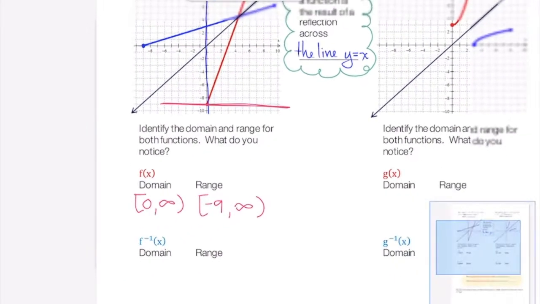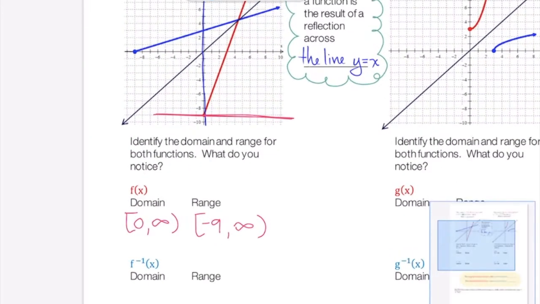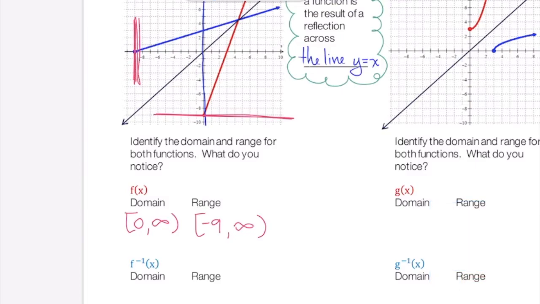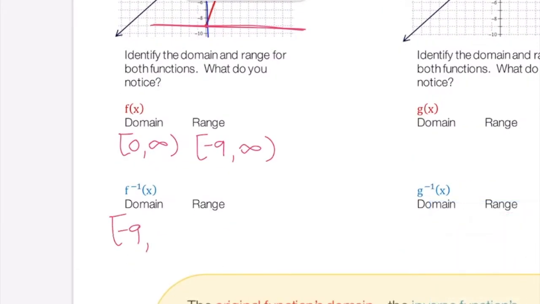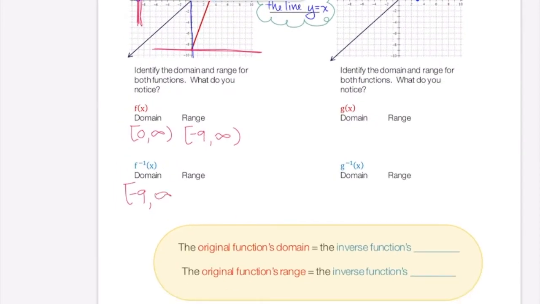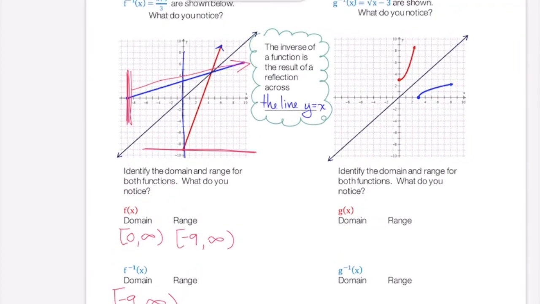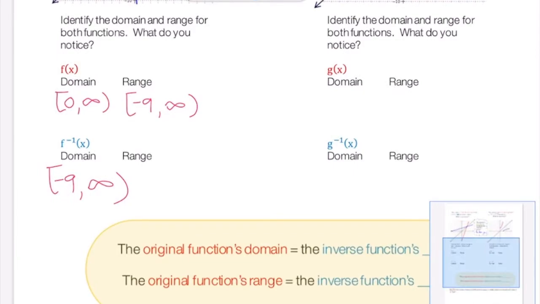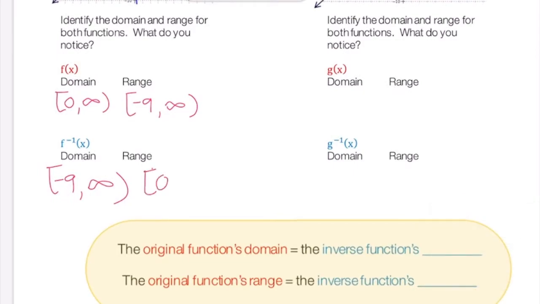Now if we look at the blue function, look at the domain. The leftmost point is at -9, and it keeps going forever to the right, so -9 to infinity. And the range, the lowest point is at 0, and it keeps going in the positive direction towards infinity. So bracket 0, comma, infinity.